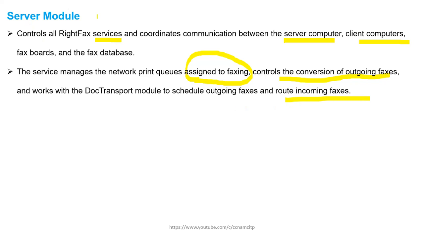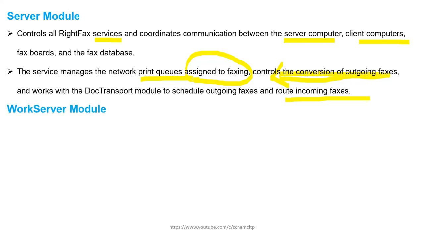So this server module and DocTransport server are very important from a communication point of view. They keep communicating constantly for both sending and receiving of faxes. It is also responsible for taking care of the print queue assigned to faxing, that also comes under outgoing scheduling, or conversion of the outgoing faxes.